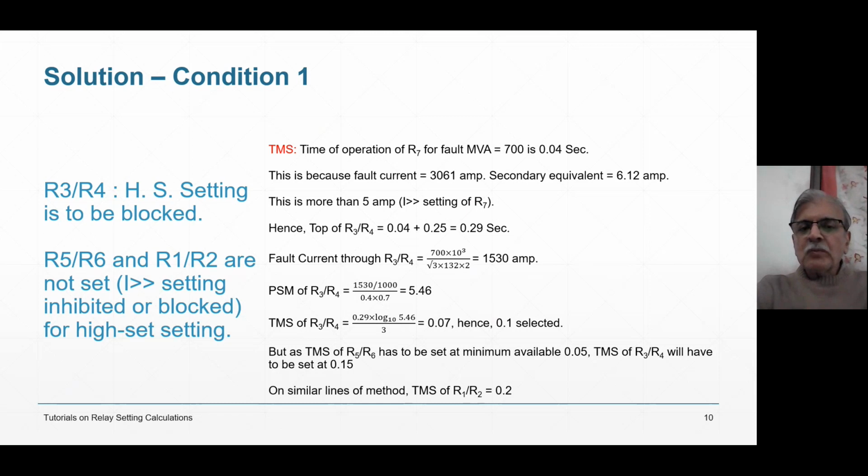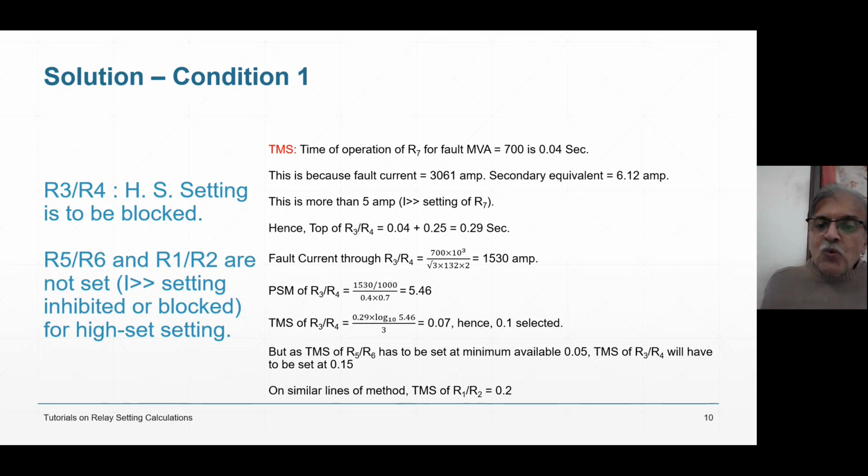I have proved this: fault current for 700 MVA is 3061, secondary equivalent 6.12, which is more than 5. Therefore, it will operate in 0.04 second. Therefore, the time of operation of R3 and R4 is going to be 0.04 plus 0.25, that is 0.29 seconds, right? So 0.29 seconds will be there. R3, R4 time I have found out.